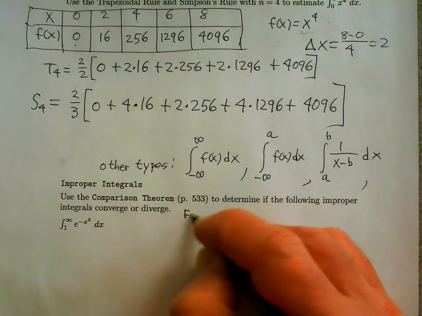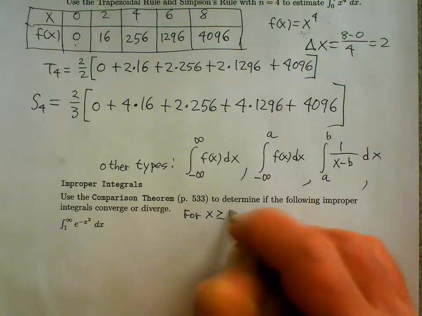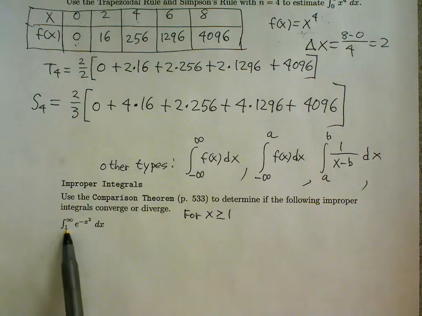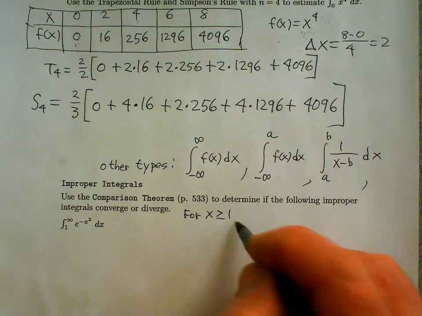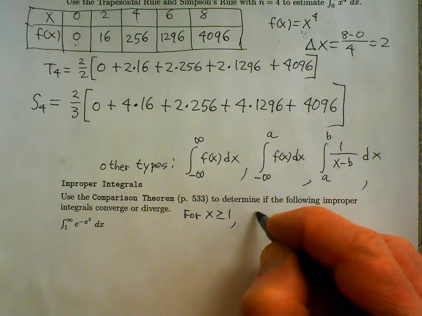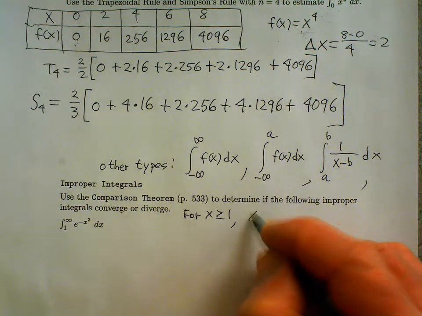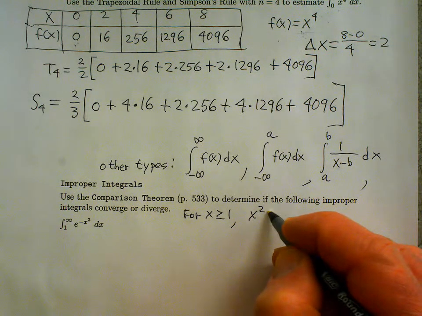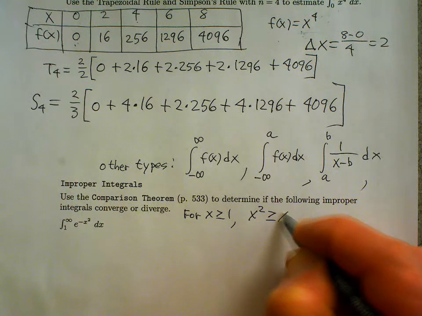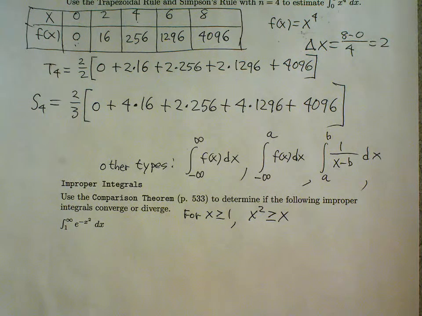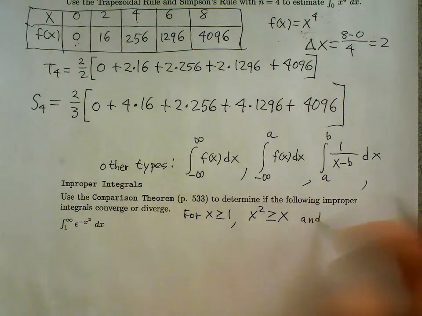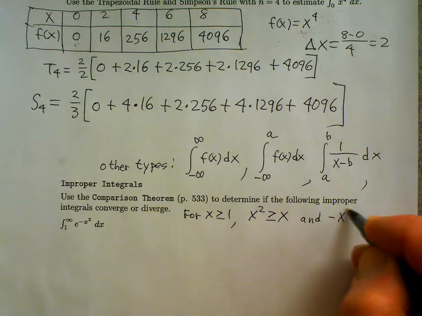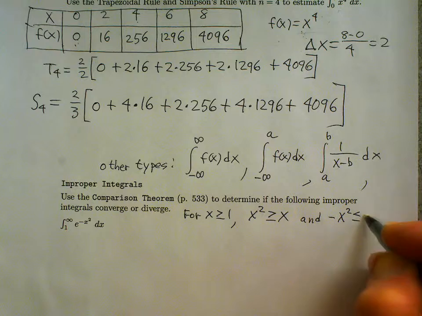For x greater than or equal to 1, we know that's true because the lower x value is 1 on the integral. And I know that for x greater than or equal to 1, x squared is greater than or equal to x. And if I take the negative of both sides, then negative x squared is less than or equal to negative x.